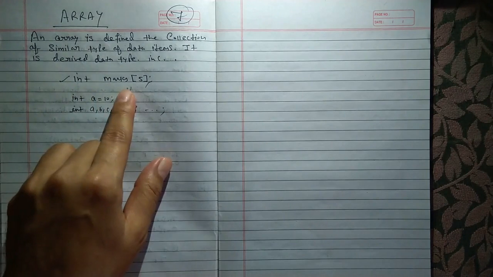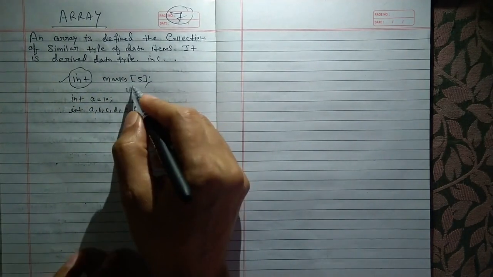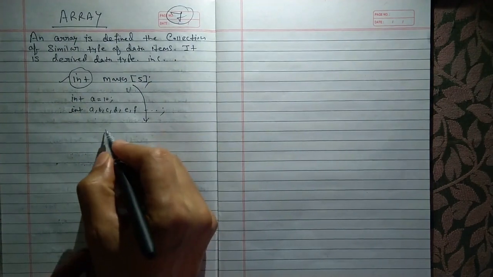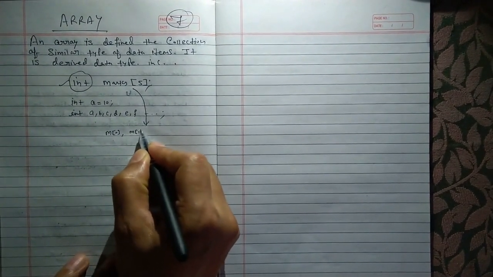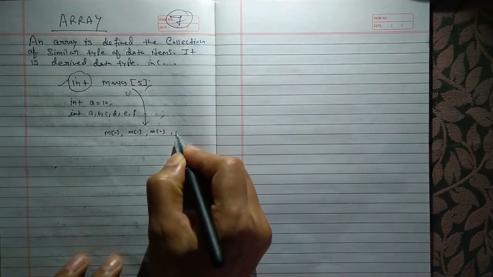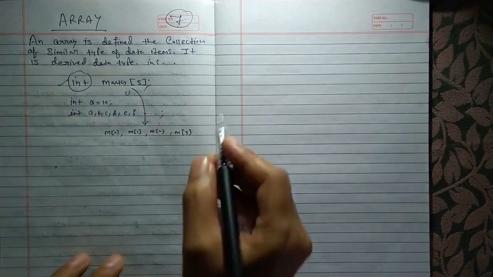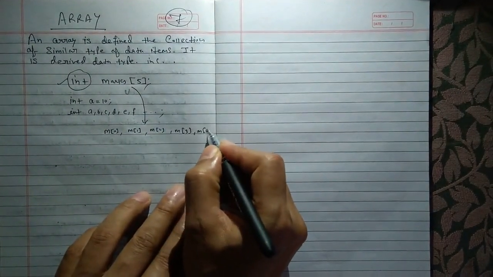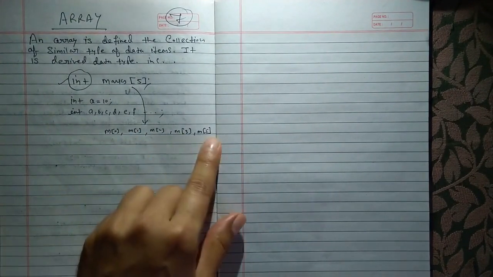So it is similar type of data. It means if you have written int marks[5], it will be marks[0], marks[1], marks[2], marks[3] and marks[4]. How many? 5. There are a total of 5 data.